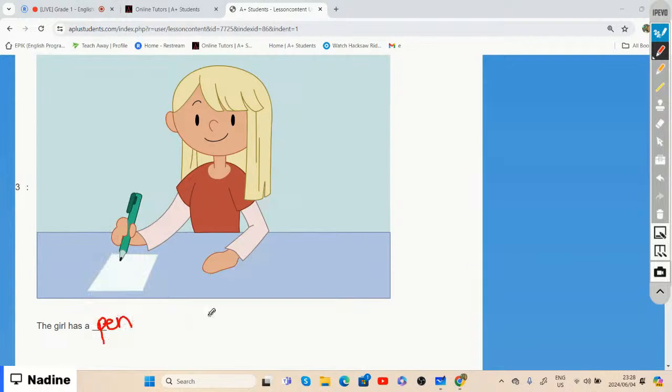Or we can say the girl has a pen and paper, right? But for now, let's rather just stick to the girl has a pen, right? So the girl has a pen. So that is what she has in her hand. All right, so well done.